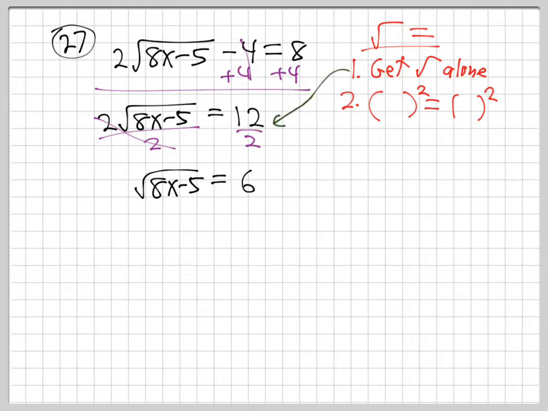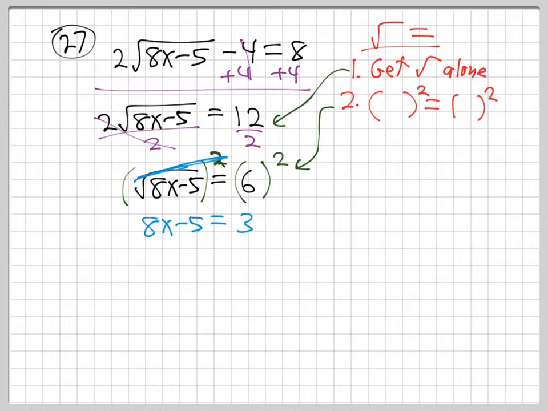Get the root alone. Step 2, parenthesis 2 power, parenthesis 2 power on both sides. And remember what happens there? 2 powers and roots are opposites of each other. Like a poison and an antidote, they neutralize each other. So these 2 cancel, and you just have 8x minus 5. The other side, 6 squared, is 36.